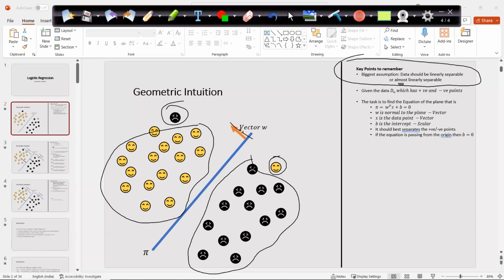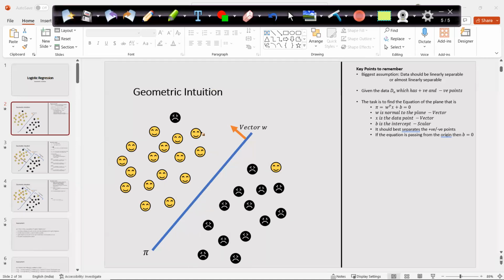That means if I ignore this line, I can very well separate the positive points and the negative points without any problem. That's why it says the data should be linearly separable. That is one of the assumptions which logistic regression has.